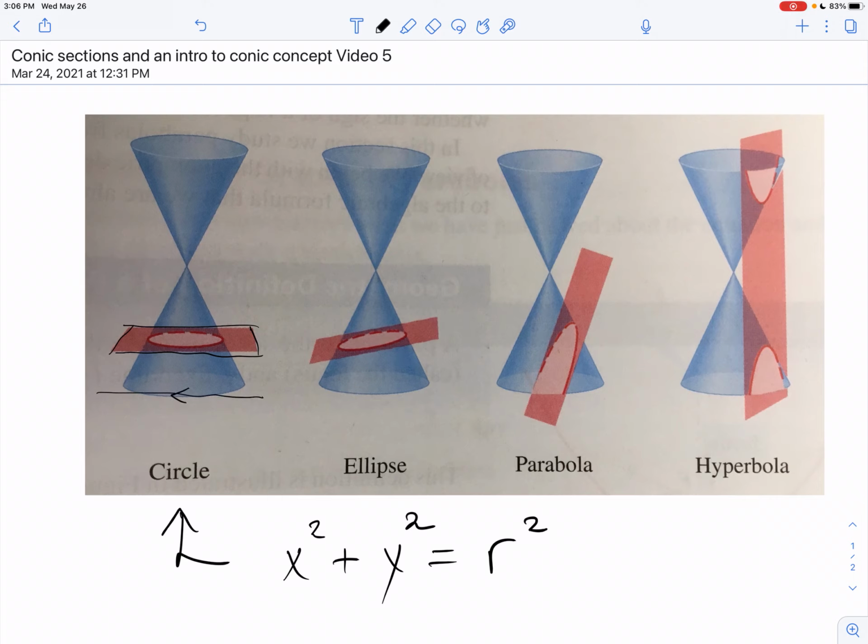Now, if you tilt that plane slightly and still slice it through a cone, you'll get an oval shape. An oval shape is called an ellipse.